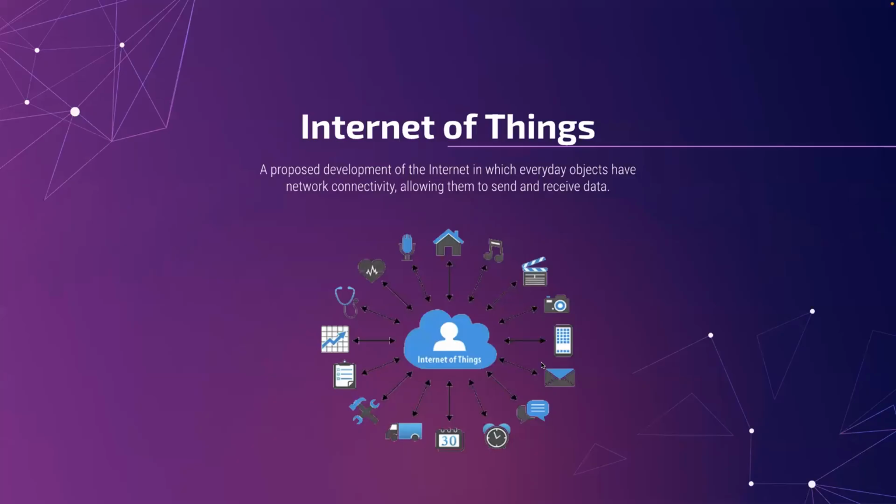And the next big thing that we need to think about in this evolution is the Internet of Things, IoT. IoT is playing a key role these days. IoT devices are much more popular.